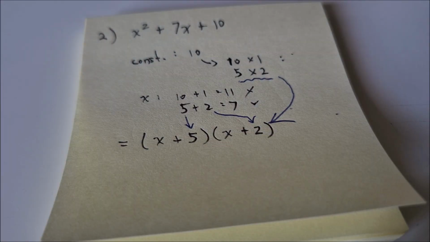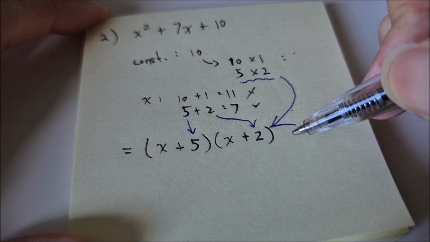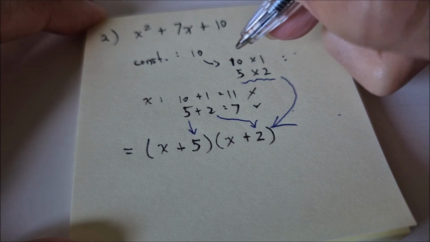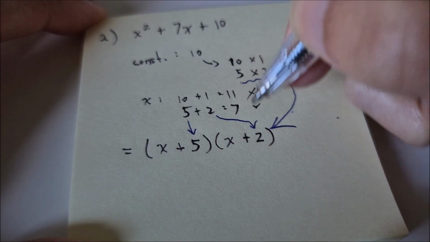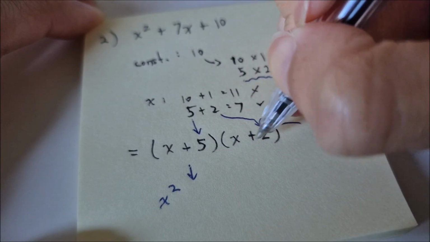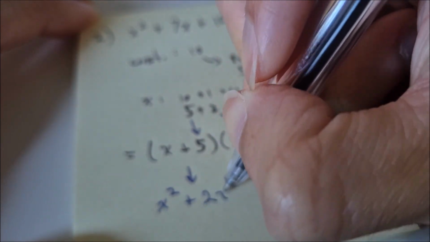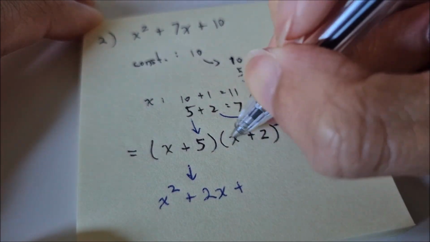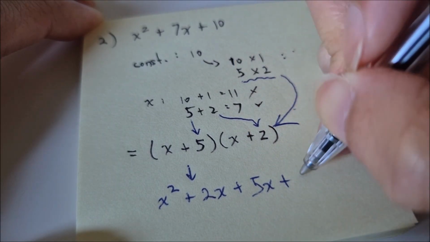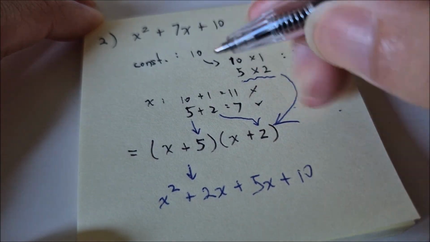Now, would we double check if this factorized expression we have here is actually correct? Well, we can simply expand it again, right? As x squared plus x times 2, 2x plus 5x plus 5 times 2, 10.